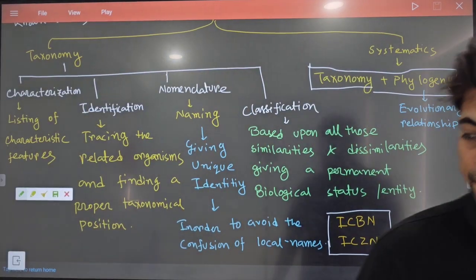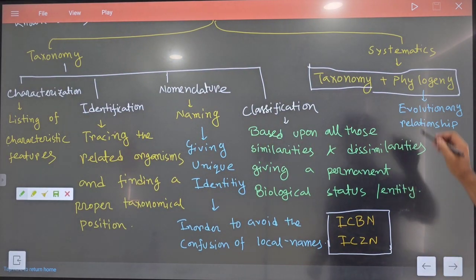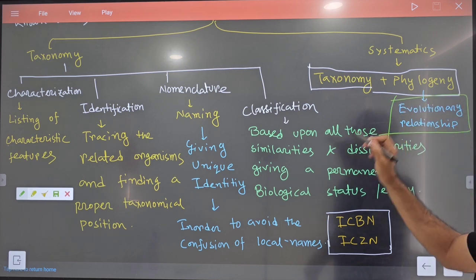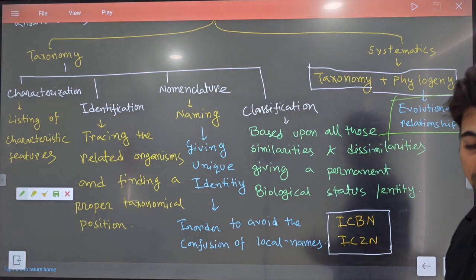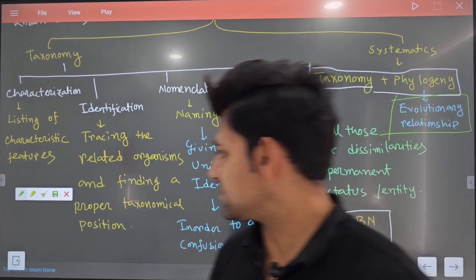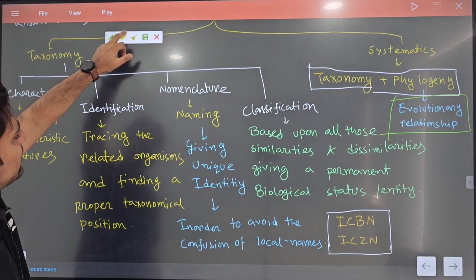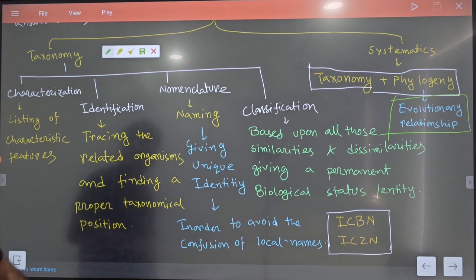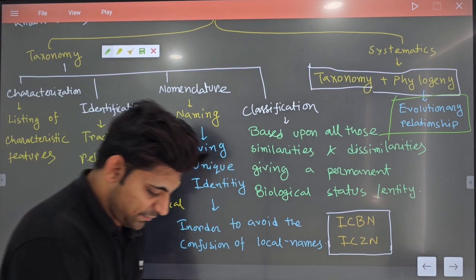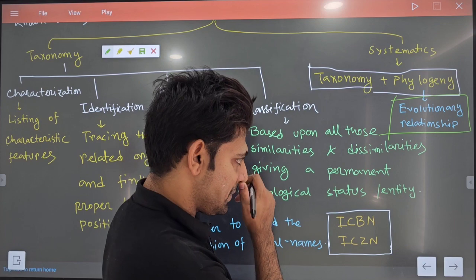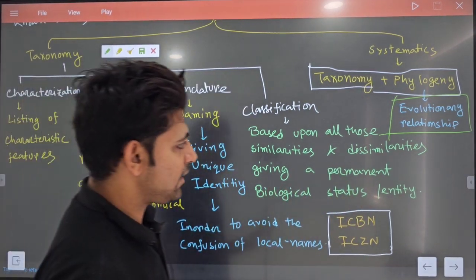Now systematics. You add evolutionary relationship. So again, if I tell it in a very simple manner, it's like you have studied the 5 kingdom classification.